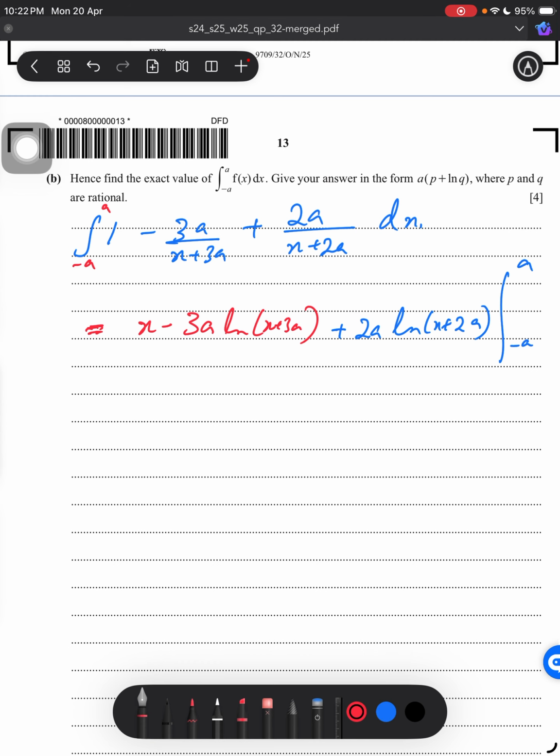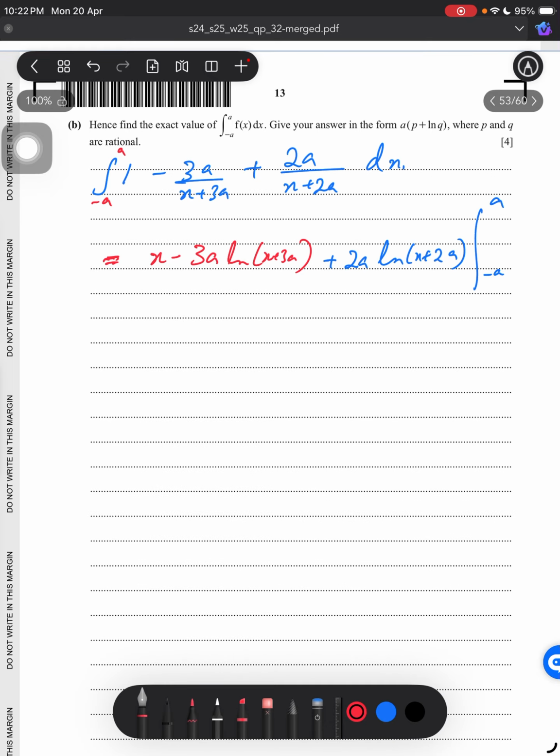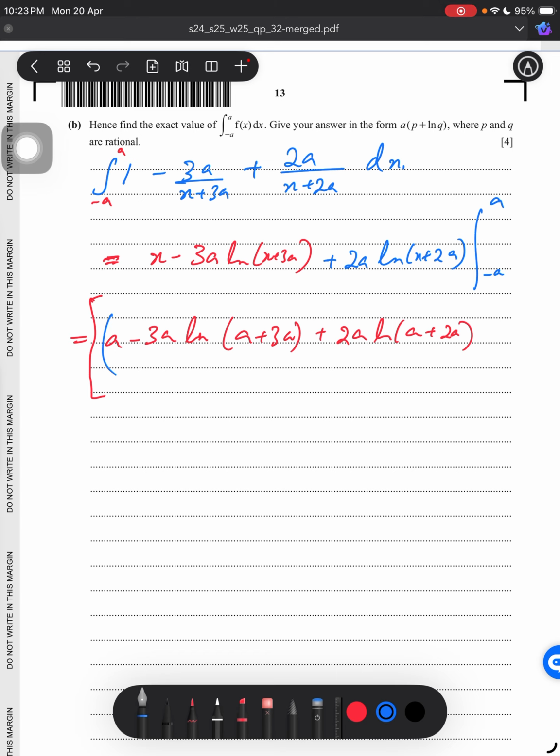So, for a: minus 3a ln of, instead of x we have a, plus 2a ln, and instead of x we have a. So this was all the positive values.